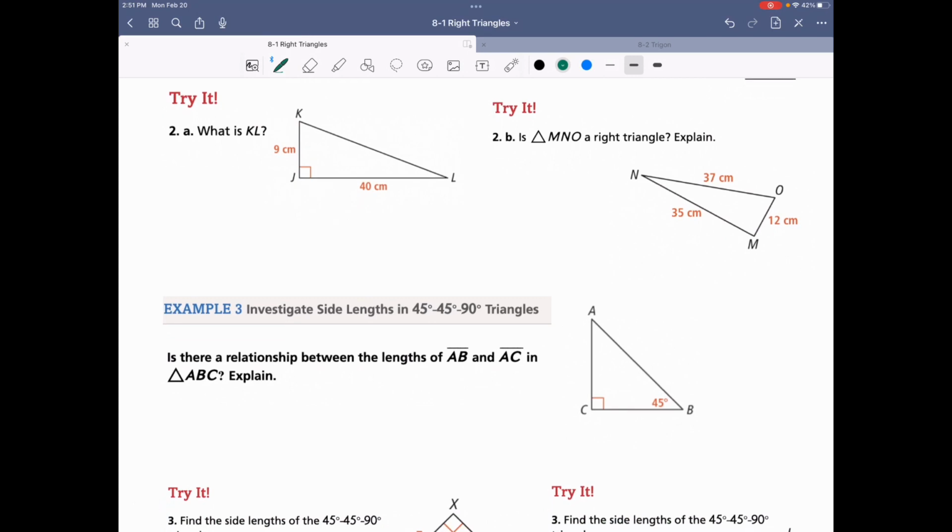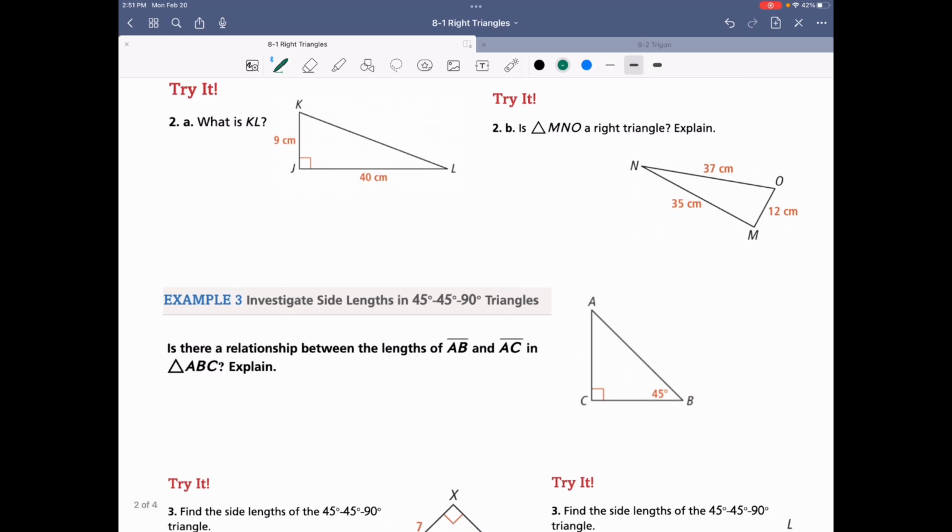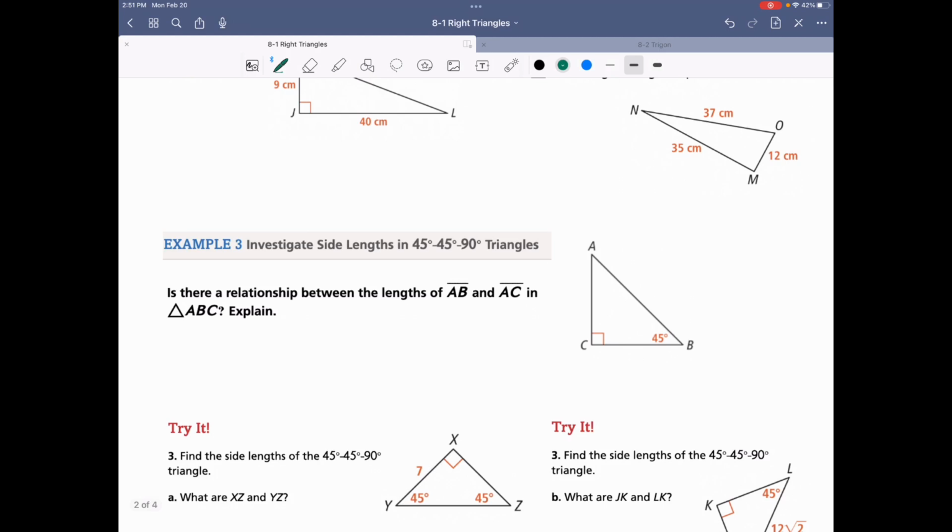For example 3, investigate side lengths in 45, 45, 90 triangles. Is there a relationship between the lengths of AB and AC? Right, well, if we are given a 45, 90 triangle, then the other angle has to be 45 degrees. And if you think of like a piece of origami paper, it's a square, right? If we fold the origami paper in half, so pretend like this is an origami paper, it's a perfect square.